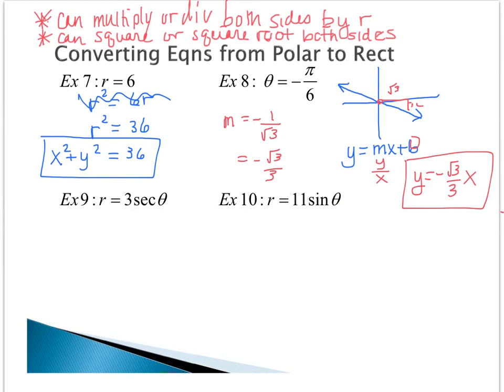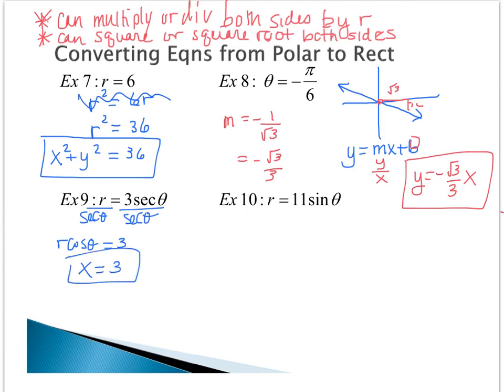Now, I don't have any replacements for secant, however, I do have replacements for cosine. If I divide both sides of my equation by secant theta, I now have r divided by secant theta. And we know that r divided by secant theta is the same as r times cosine theta. And we know that r times cosine theta is equal to x.